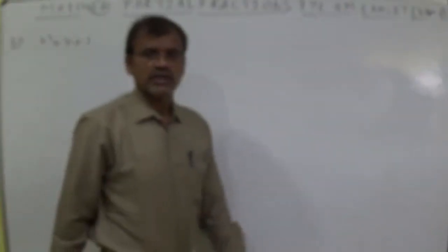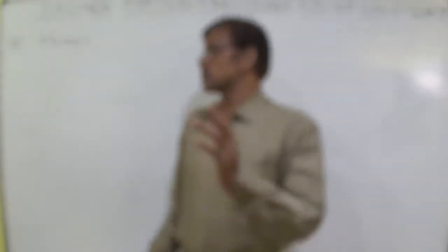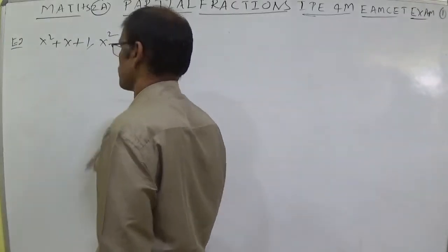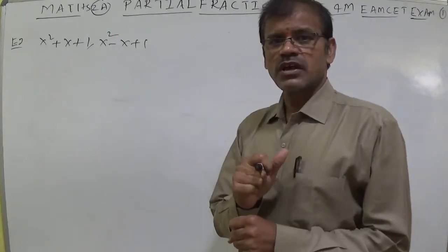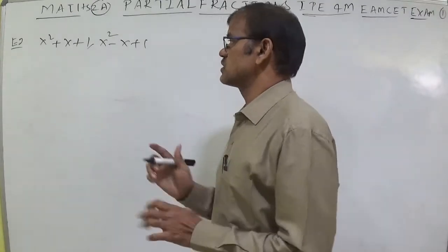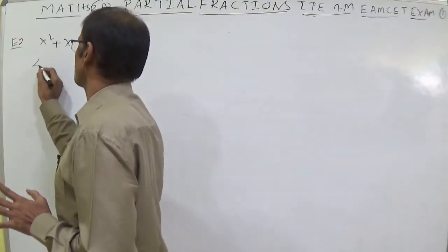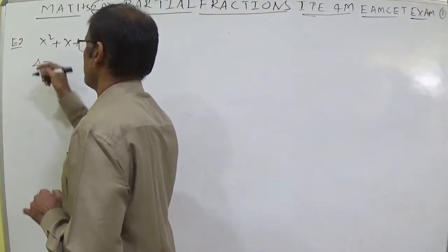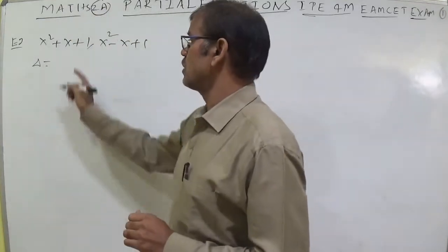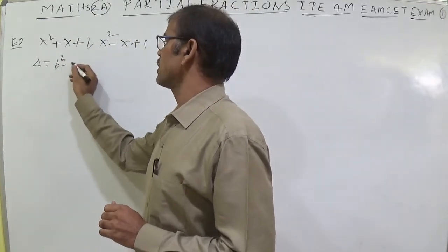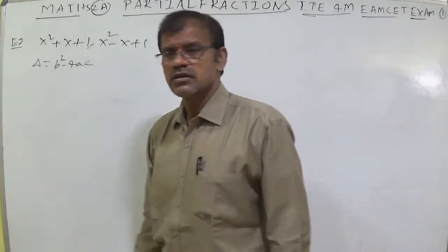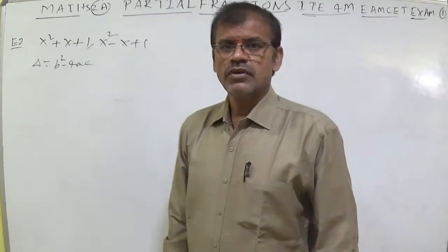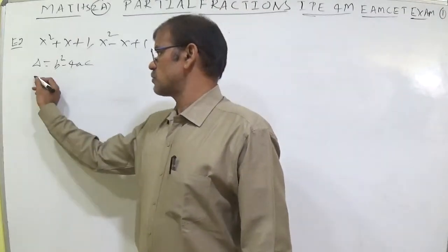There are no factors. x square minus x plus 1, there are no factors. Sir, how will you confirm that there are no factors? I am giving a shortcut: find the delta. Delta means, for the quadratic equation, b square minus 4ac. I think you have learnt this in 10th class itself.